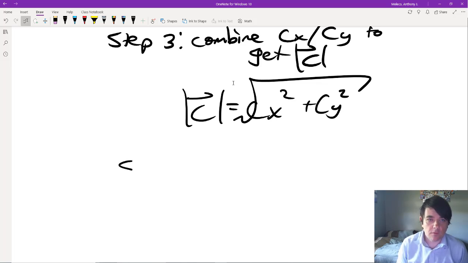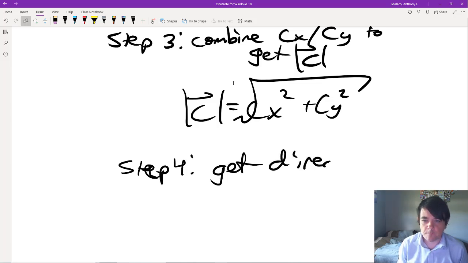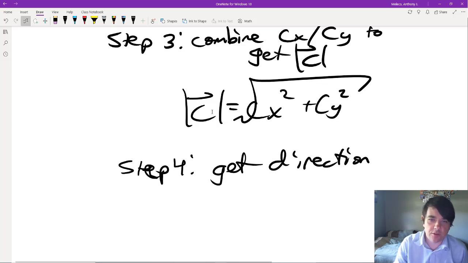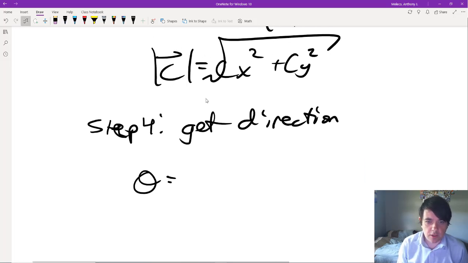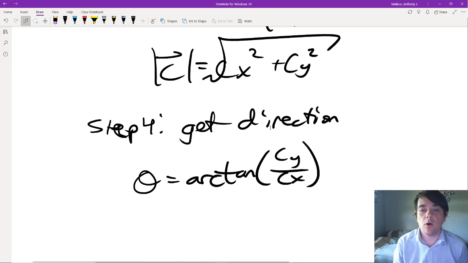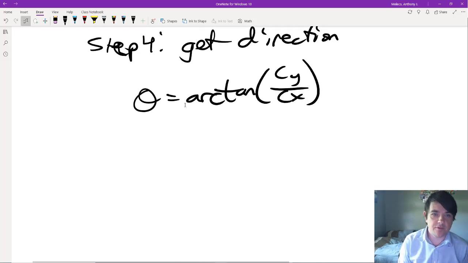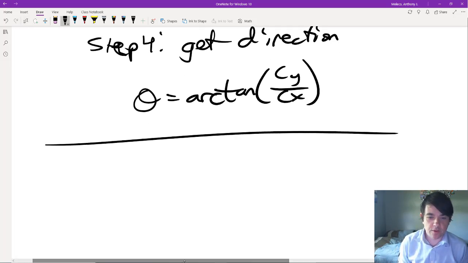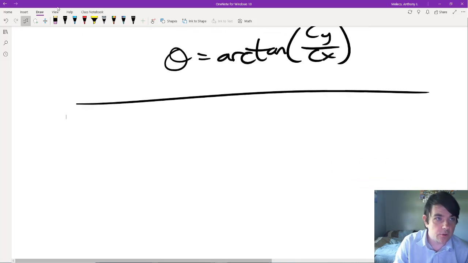And step 4, some people just keep it under step 3. Get direction. Theta equals arctangent of cy over cx. Okay, so now that we've got our steps, let's see how it works with an actual example.